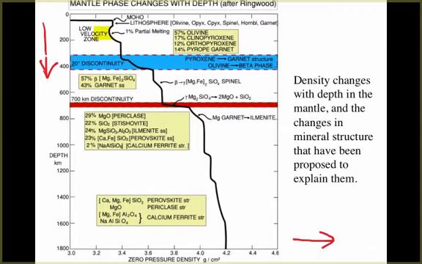And what's happening between about 410 and 670 kilometers depth is that we see changes in the mineral structures that also affect the seismic properties within the mantle, because the densities of those phases are increasing as they transform to smaller volume, denser crystal structures with the increasing pressure.